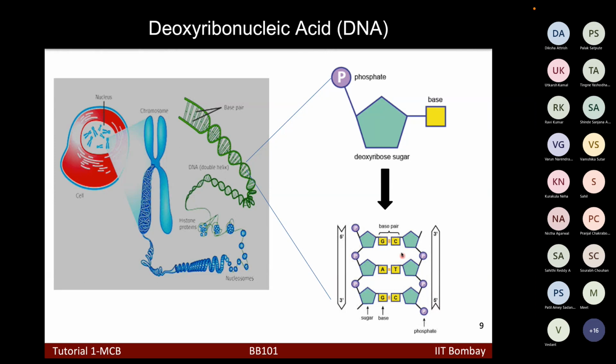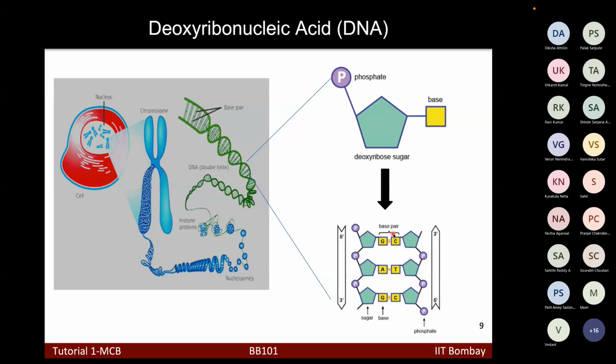Now, what is base pairing? A unique feature of this DNA is that, as I already said, it is double-stranded. So how does this double-stranded formation take place? Here in this image, you can see that G is bonding with C, and A is bonding with T. So what does this mean? The names of the nucleotides: A means adenosine, T means thymidine, G is guanosine, and C is cytosine.